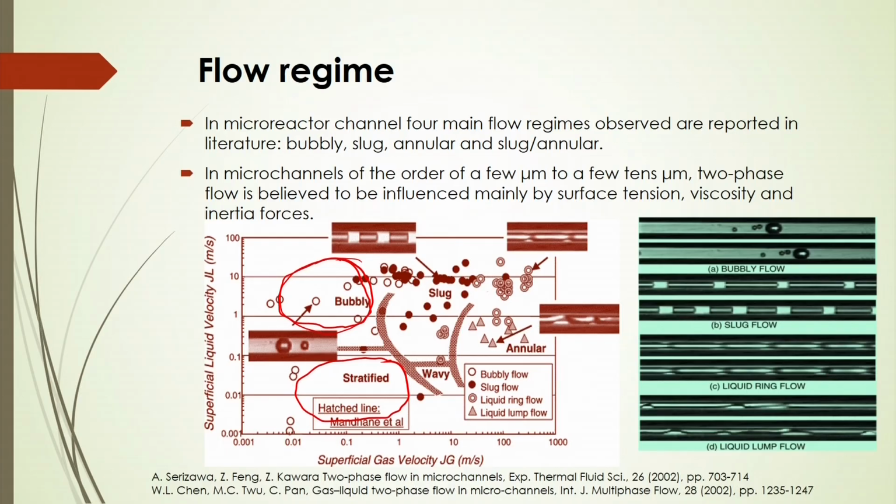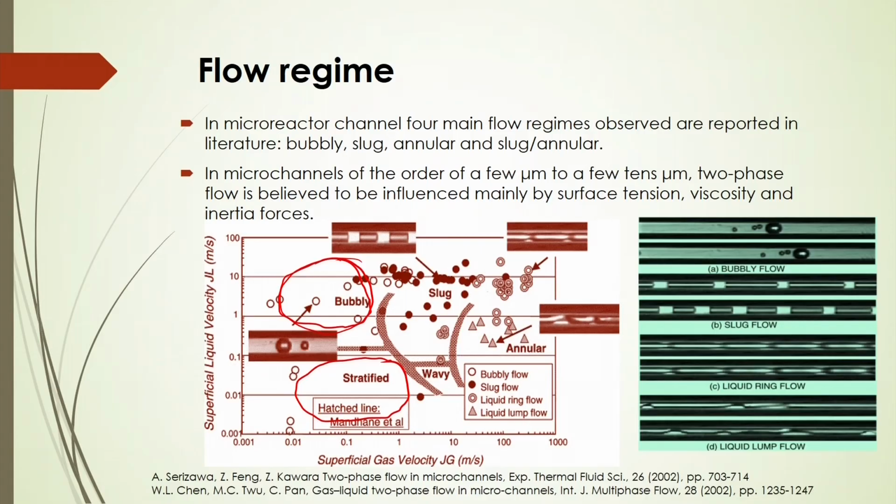Sometimes the liquid also flows as a ring through the channel, which is called liquid ring flow. Sometimes a lump of liquid flows through the channel, breaks after a certain length, and then starts again as a continuous liquid slug. That is called liquid lump flow.